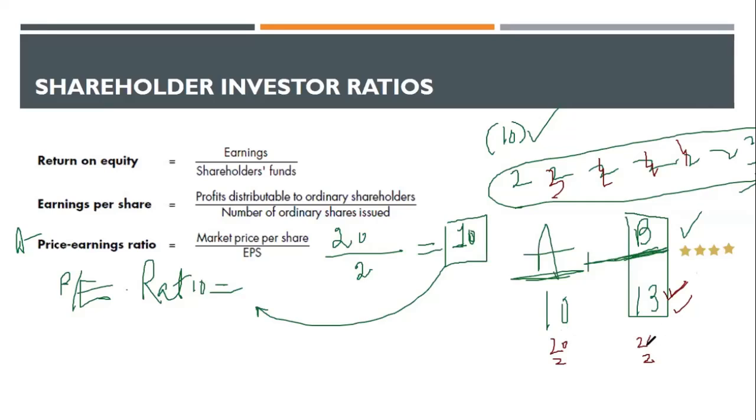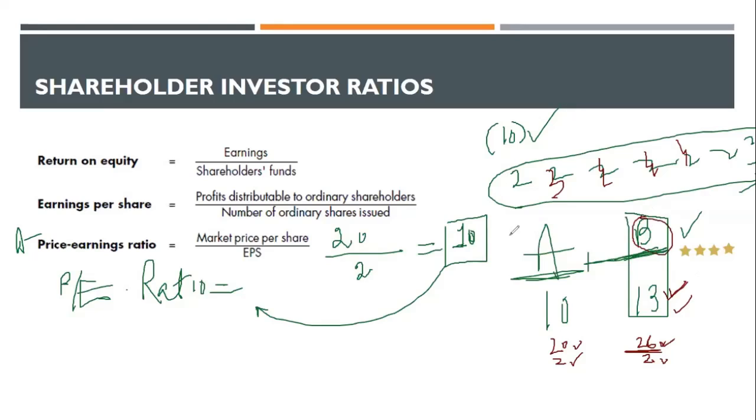So here, in order to earn $2, you invest 20. Here, in order to earn $2, you invest 26. So why are investors willing to invest more? It shows the trust, because people are trusting this company.